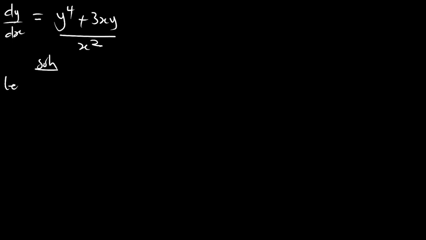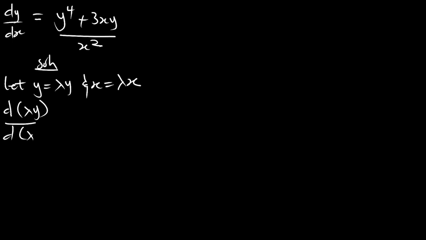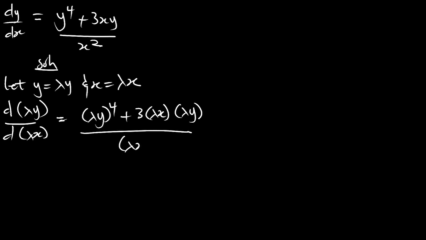We let our y be equal to lambda y and our x to be equal to lambda x. So we do the substitution, the lambda y on the lambda x. So here we are going to have lambda y to the power 4 plus 3 lambda x lambda y, this way, everything on lambda x all square.